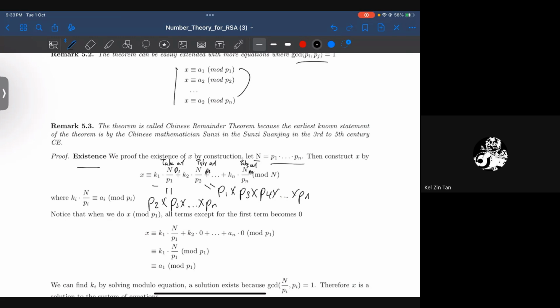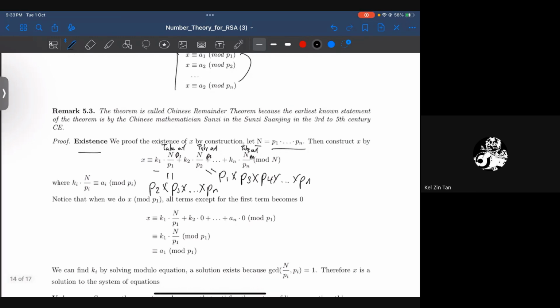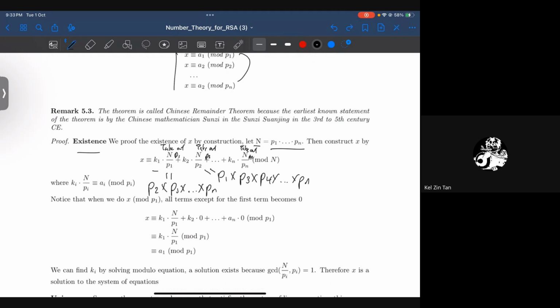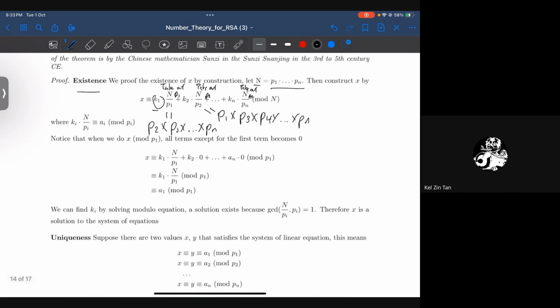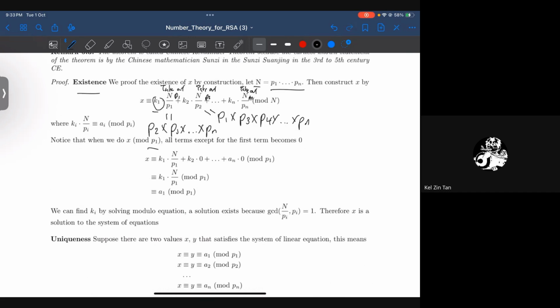The interesting thing about this is that let's just ignore the k first. k is just an arbitrary coefficient that we put down. Notice that when we take modulo P1, all the other terms will become 0. The reason is that we take out one of the terms from each of the coefficients.